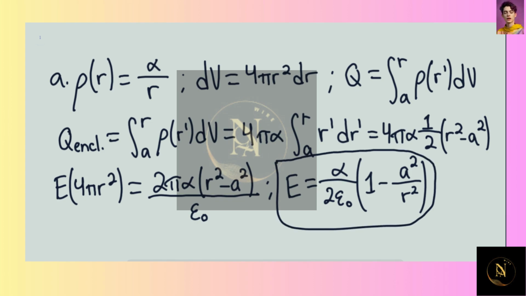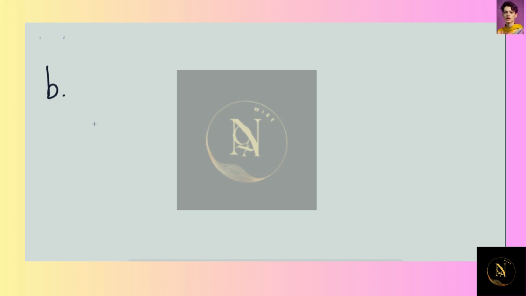Now for part B, here the field is the vector sum of the field due to the charge, not the charge enclosed, but q, lowercase q, the point charge, and the field due to the sphere. So we can say that the electric field of the point charge, E sub q, is equaling q over 4 pi epsilon naught r squared.